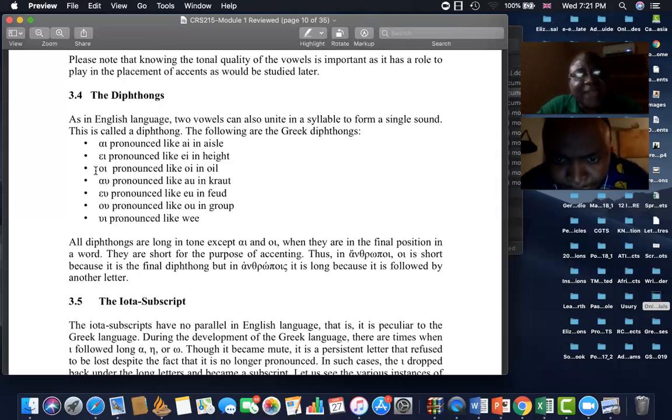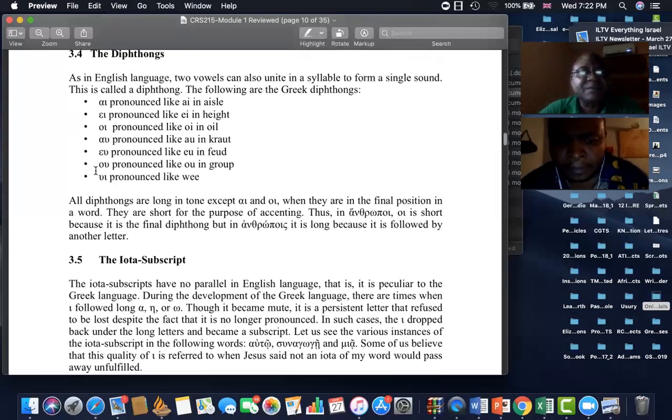But the second word is anthropois. You see the sigma after the oi. Because of the presence of sigma, the oi in anthropois is long. You have to note this because of the implications when we are talking about accenting later.